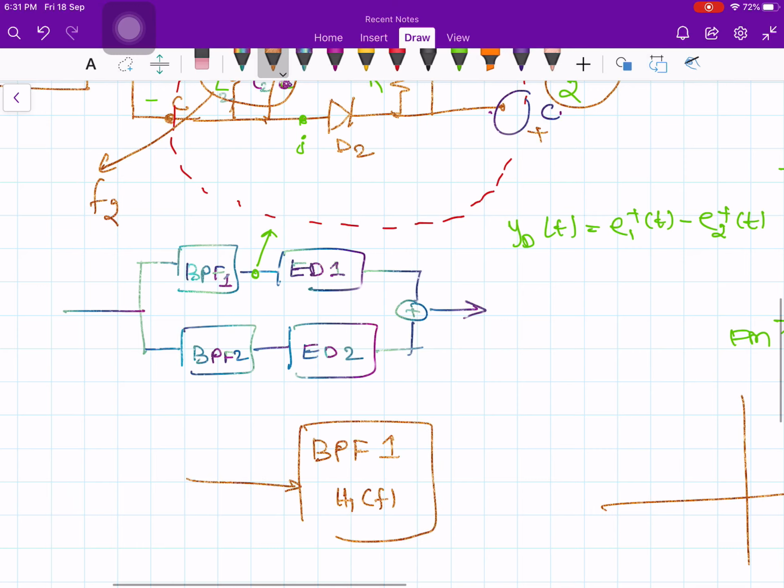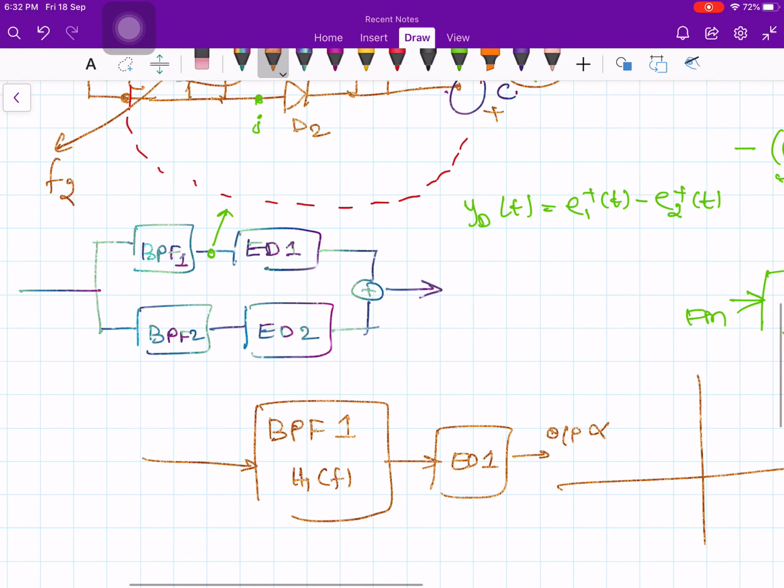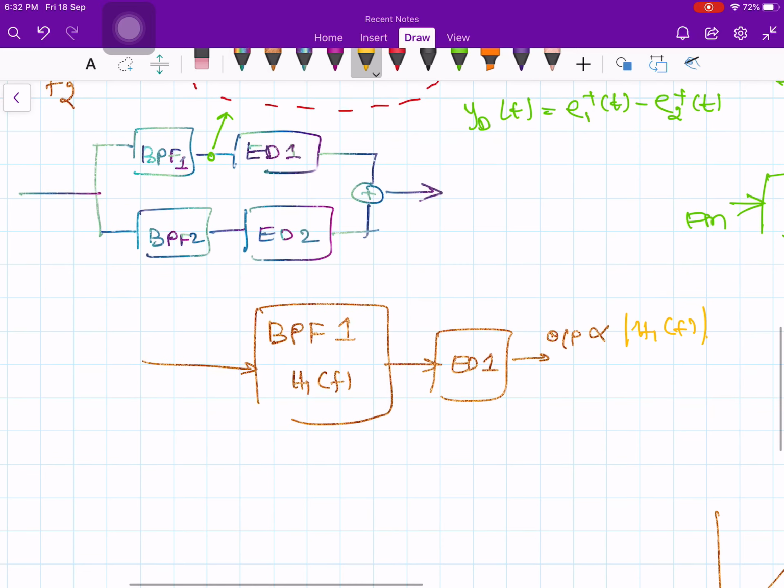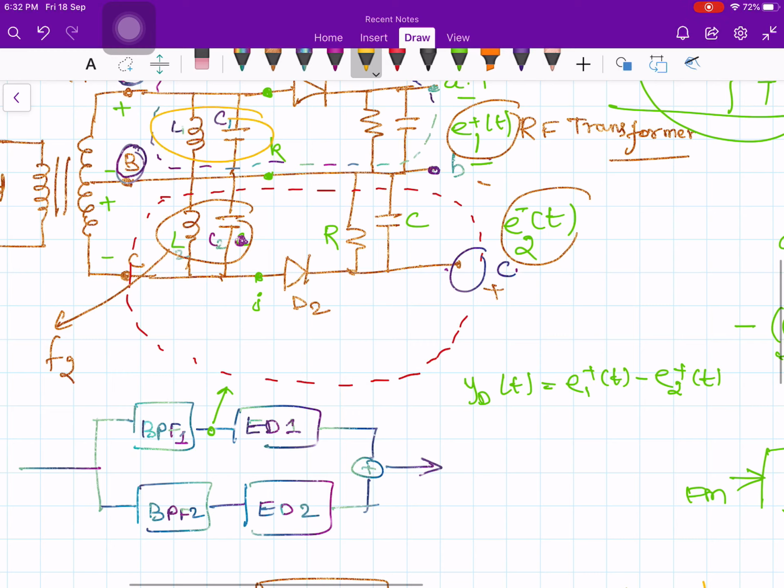Therefore the envelope detector 1 output is proportional to the magnitude of the band pass filter, because an envelope detector basically traces out the magnitude of the signal. Therefore it is proportional to the magnitude H1 of f, where H1 of f is the frequency response of the circuit L1 and C1.